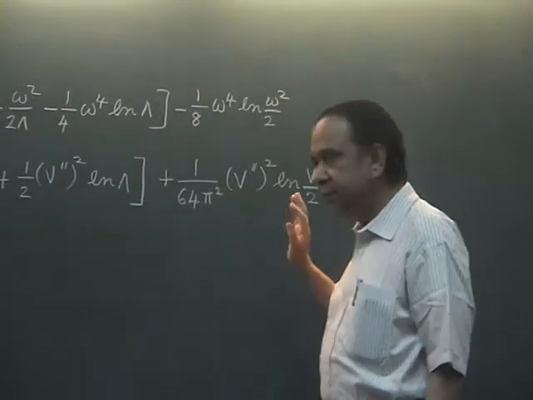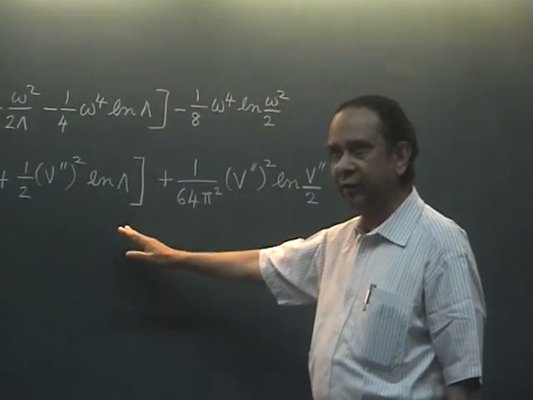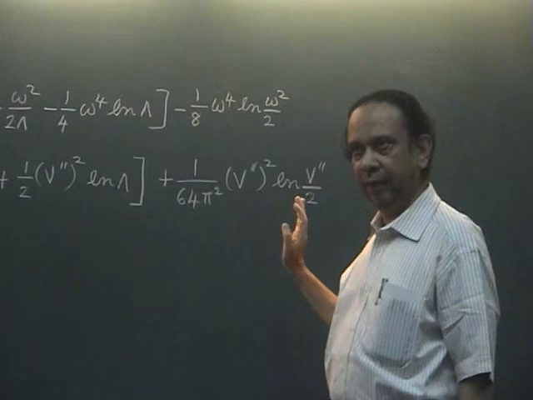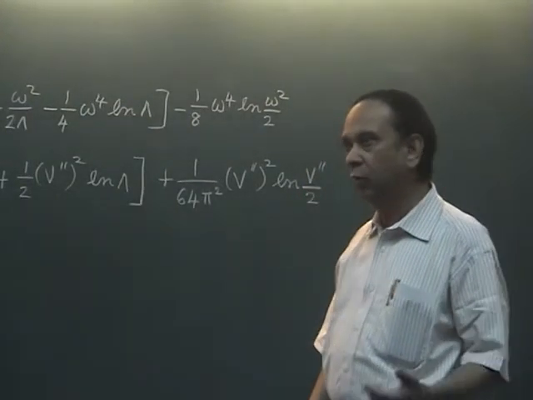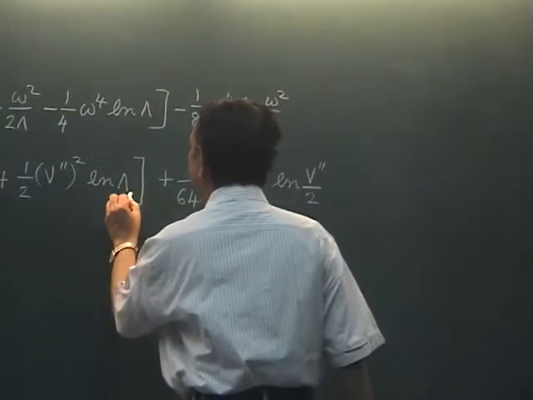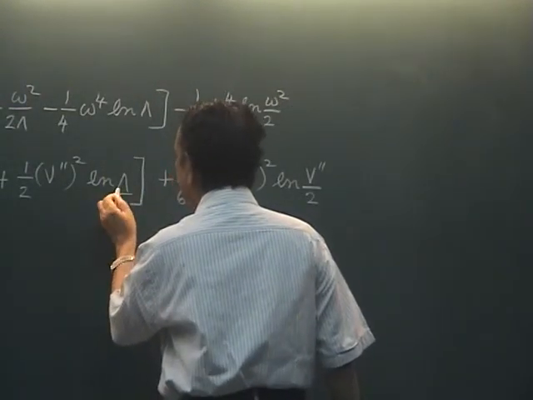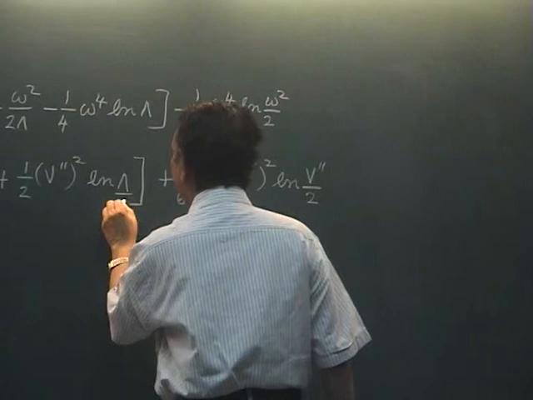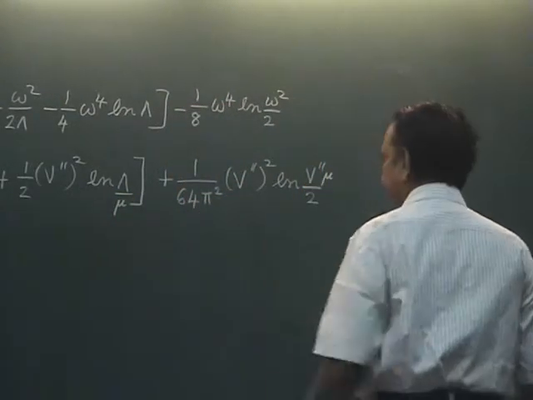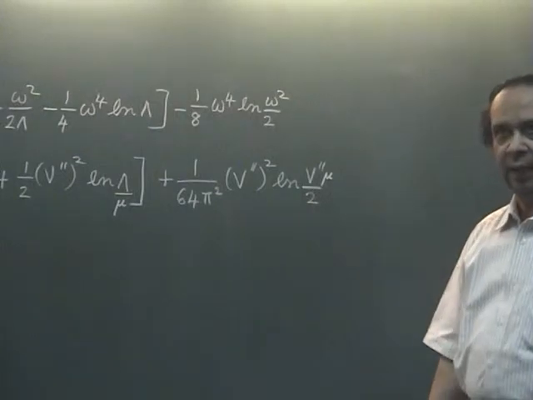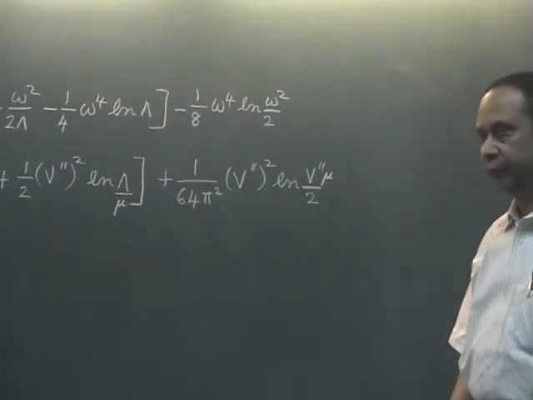We did it like this because we wanted to separate the divergent quantity from the finite quantity. Otherwise, I could have just put this V double prime along with it. So what we will do is put lambda divided by some constant. Let me call that constant mu, and then I can put here the same constant. So nothing has changed, and now the dimensions are taken care of.